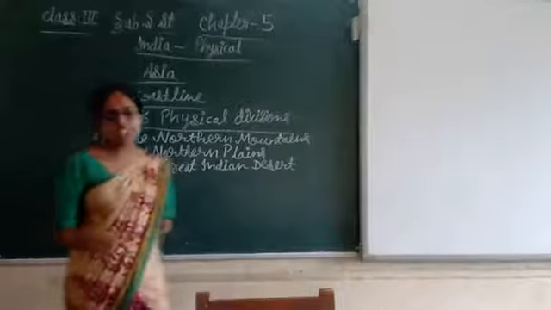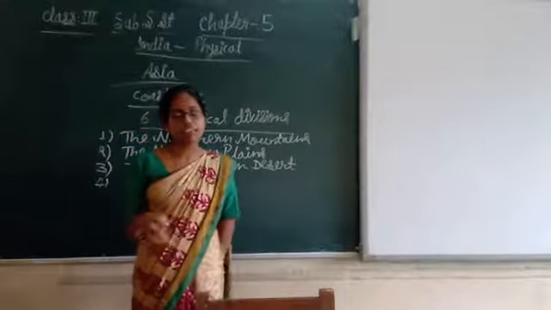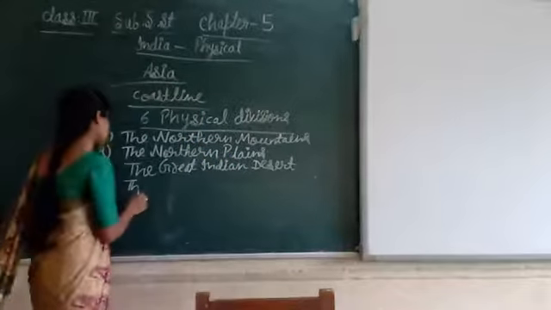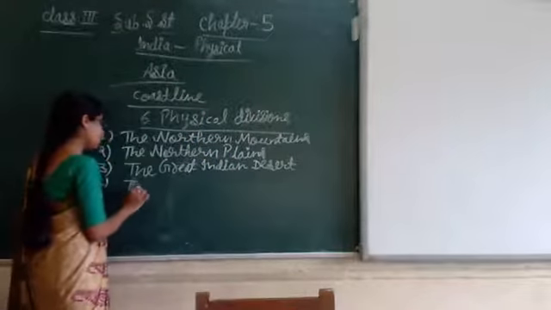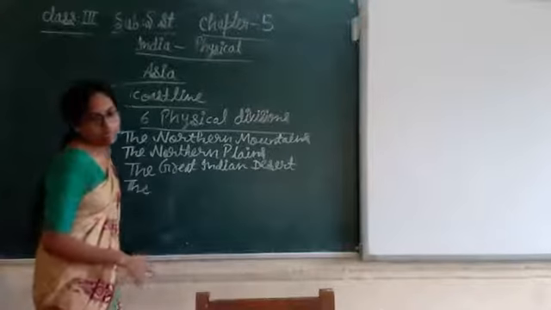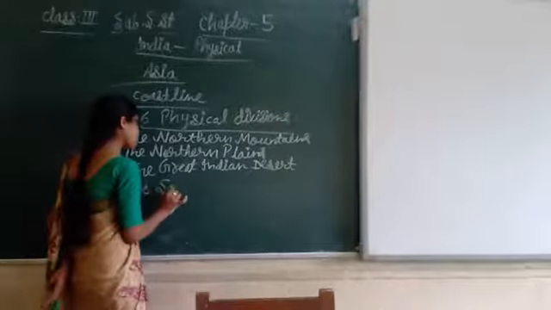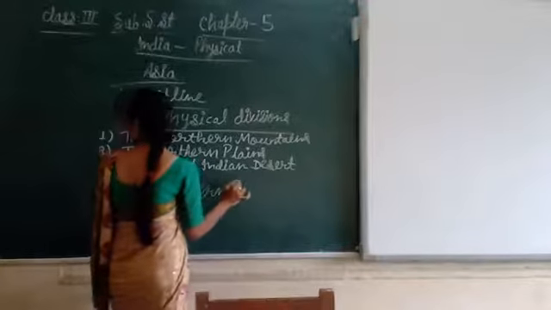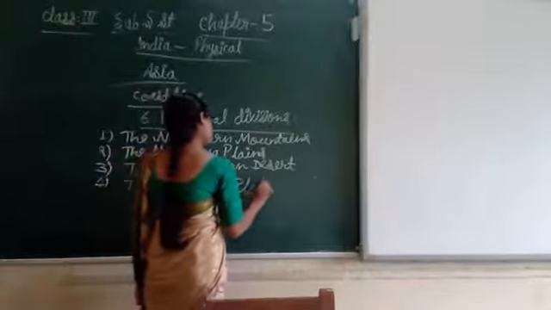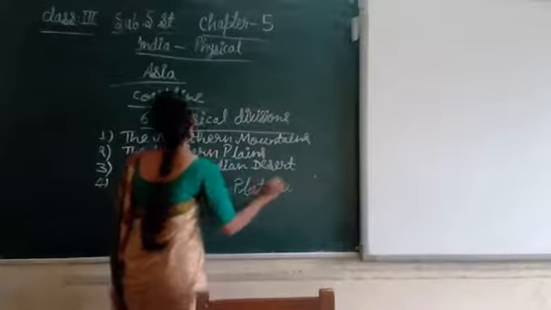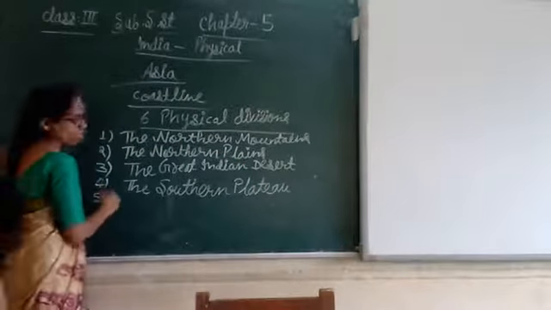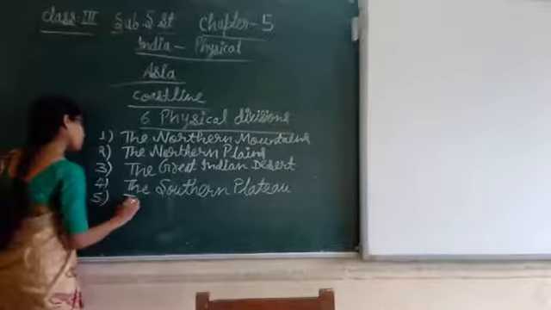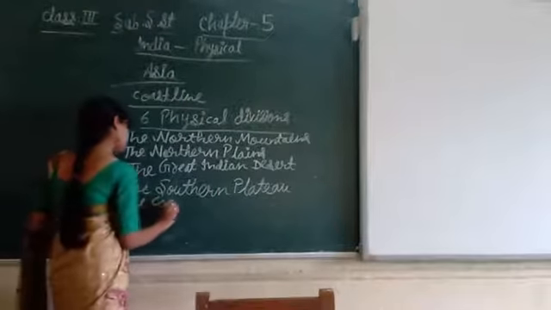The Great Indian Desert is also known as which area? The sandy areas of the west, or the Thar Desert. And the fourth one is the Southern Plateau, also known as the Deccan Plateau. Then the fifth division of India is the coastal plains.